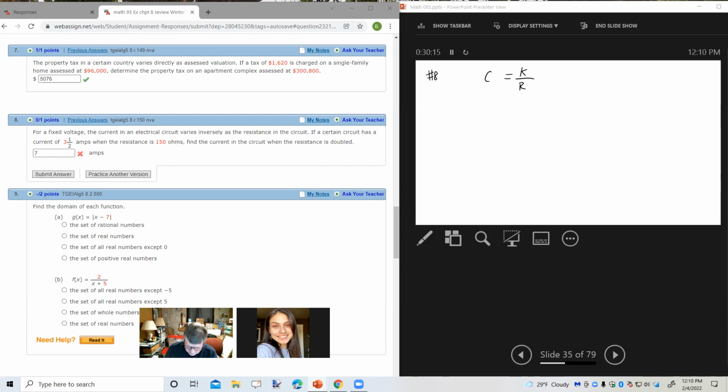All right. So we've got 3.5 equals K over 150. Now we're going to multiply by 150. So K is going to equal 150 times 3.5, which is 525. Now, find the current if we double the resistance.